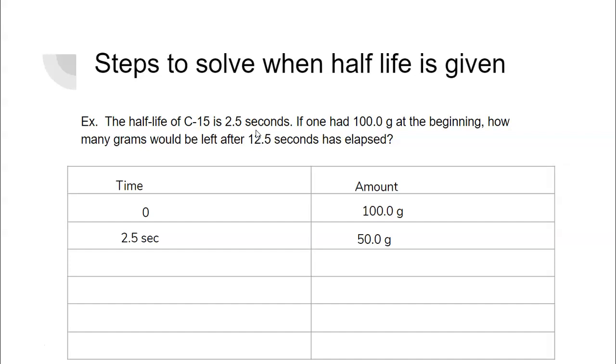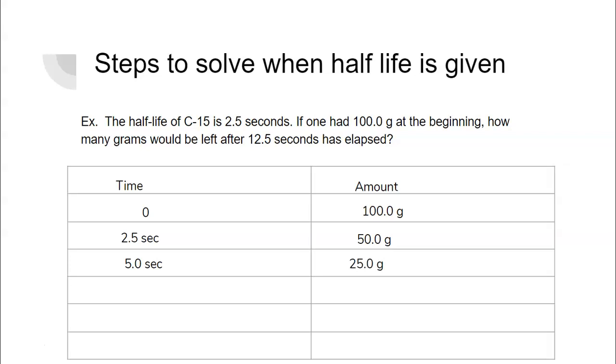So I'm going to add another 2.5 seconds to my time, which brings me to 5 seconds. 2.5 plus 2.5 is 5 seconds. Because I go through another half-life, I'm going to take my mass that I had, and I'm going to divide it by 2. So 50 divided by 2 is 25.